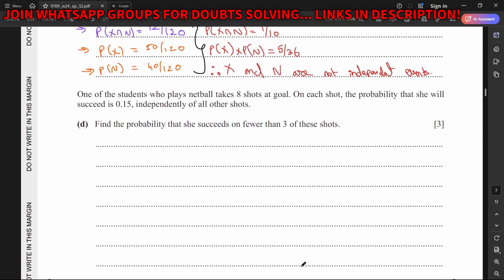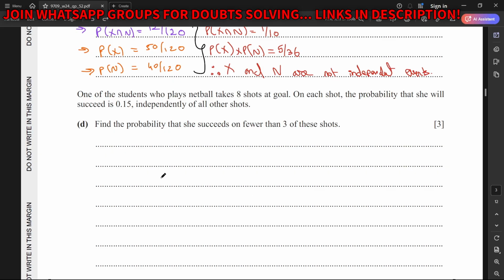Now, for part D, first of all, we need to read the above statement. It states that one of the students who plays netball takes 8 shots at a goal. On each shot, the probability that she will succeed is 0.15, independently of all the other shots. We have to find the probability that she succeeds on fewer than 3 of these shots.